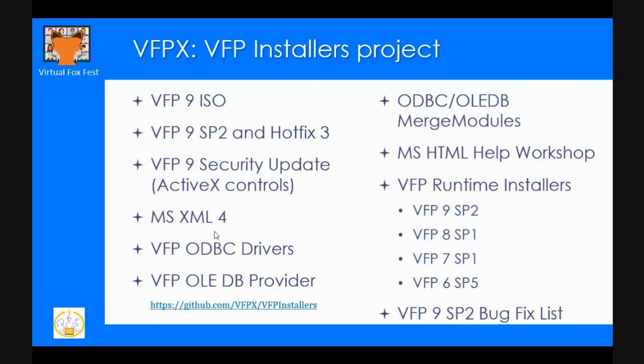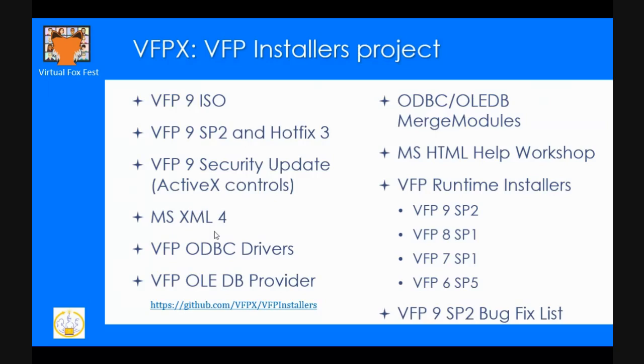There's the MS-XML4 installer, ODBC drivers, and OLEDB provider, which are the original ones that ship from Microsoft and are available for anyone to download. That doesn't require any licensing. You have the merge modules for ODBC and OLEDB, which, if you're going to include those in a Windows installer like InstallShield, are available.